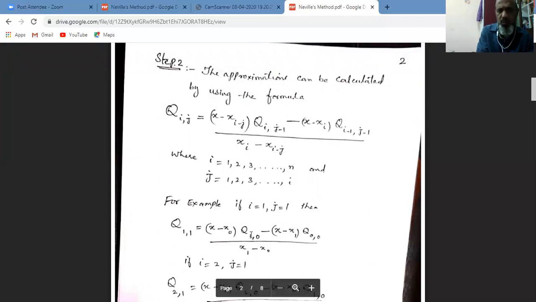So q11 will become (x minus x0) into q10 minus (x minus x1) into q00, divided by (x1 minus x0).